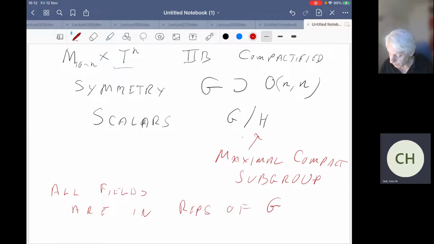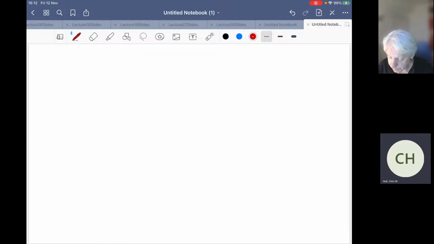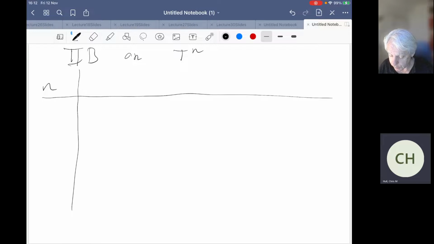So let me give a table listing the groups for the different values of the integer n. We're considering 2B compactified on an n torus, so we'll consider different values of n, and then we'll tabulate the group which arises. For n equals 0, there's the group SL(2,R). For 1, it's SL(2).